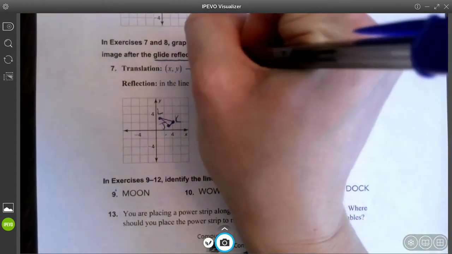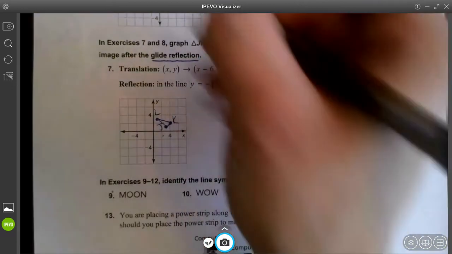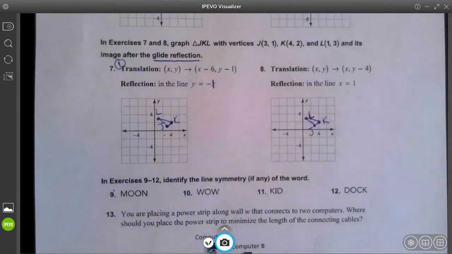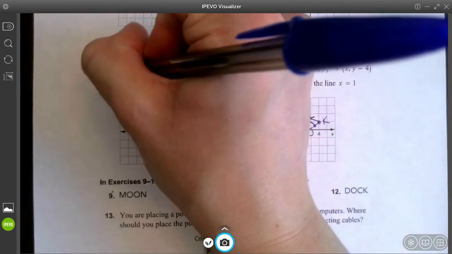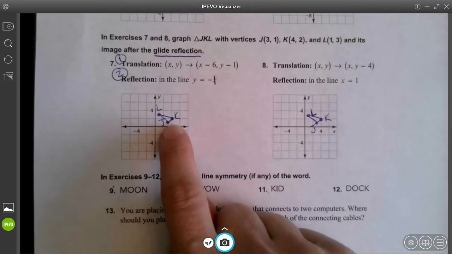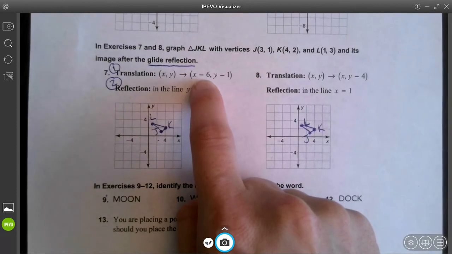So remember, glide reflections, all they are is when we take a pre-image and we first do a translation as our first transformation, and then we take that image and reflect it to get our final image. So in number 7, we're going to take triangle JKL, and the first thing we're going to do is translate it using this rule. We're going to slide it.